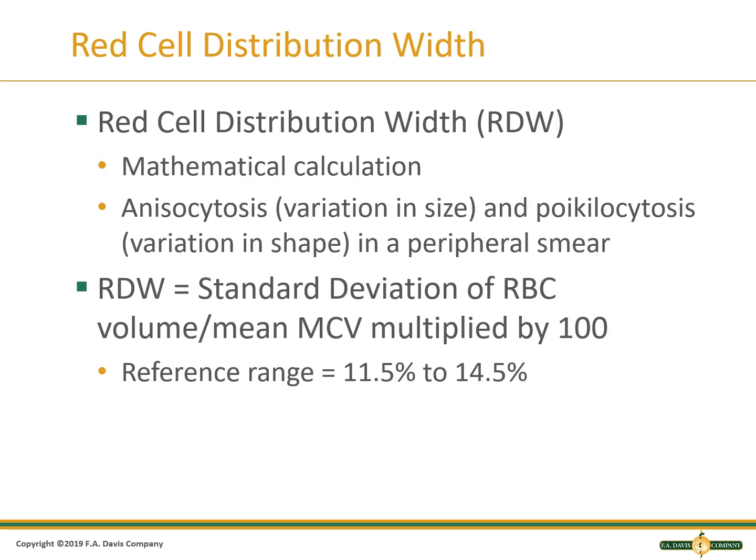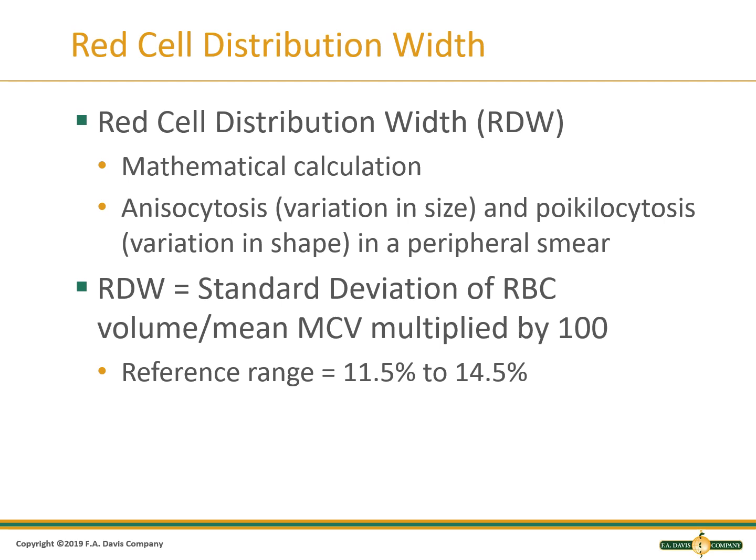We also have our RDW, or red cell distribution width, which is a mathematical calculation. So when you have anisocytosis, which means there's a variation in the size of your red blood cells, as well as poikilocytosis, which is a variation in the shape of the red blood cells in the peripheral blood, it will cause the RDW to be off.